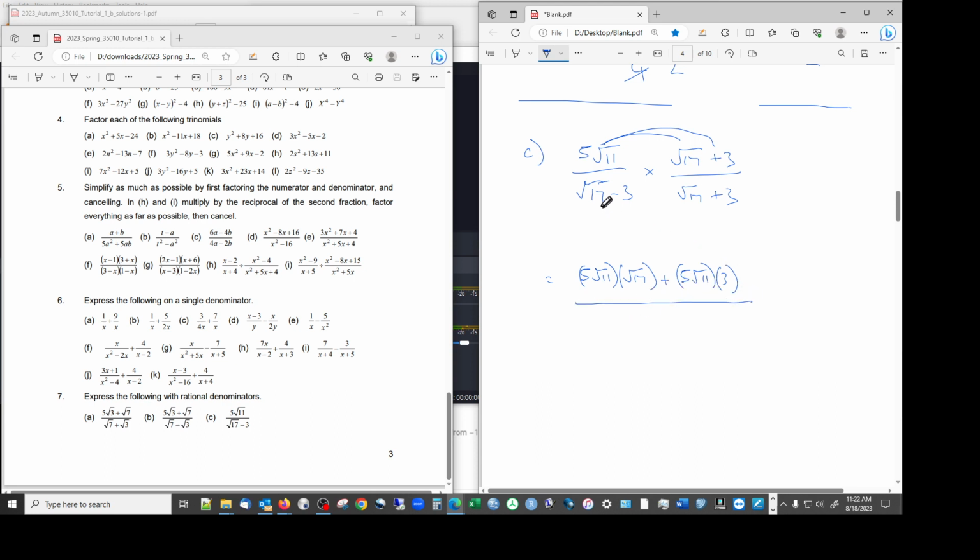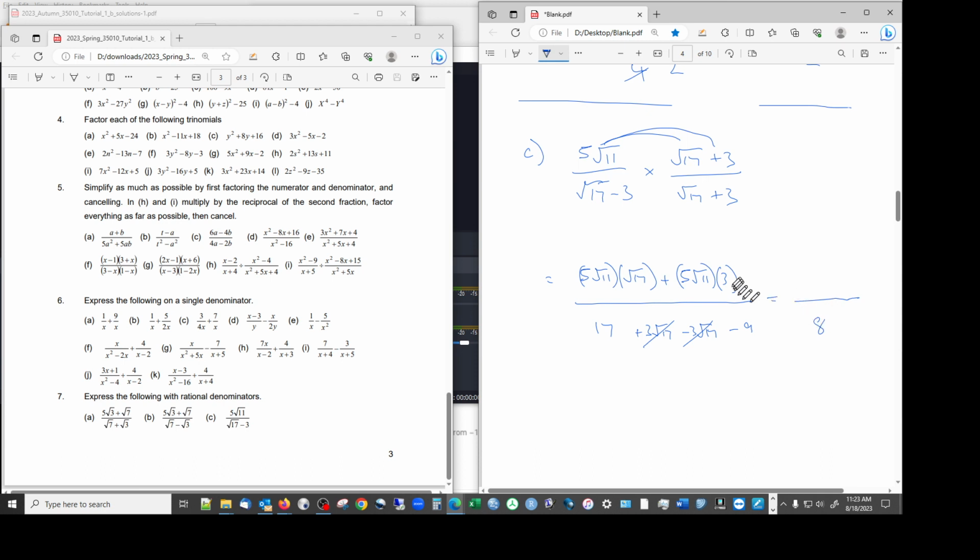On the bottom, root 17 squared is 17. Then we'll have plus 3 root 17 and minus 3 root 17. Minus 3 times plus 3 is minus 9. They're apples, and minus an apple. So on the bottom we'll get 17 minus 9, which is 8.